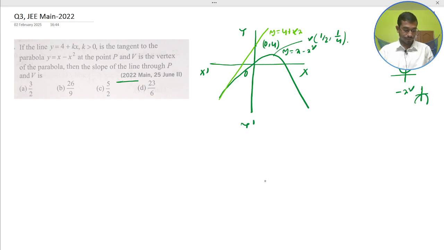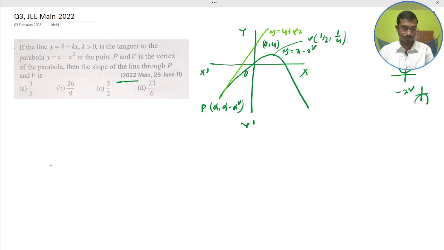And suppose the point would be this point, this is P, (alpha, alpha minus alpha square). This is basically the abscissa. Let us assume that the abscissa of the point P be alpha.